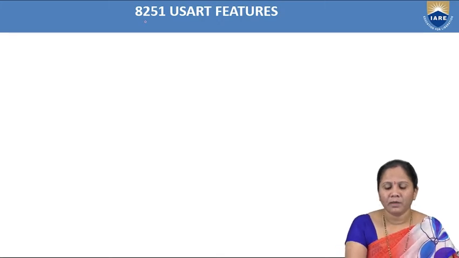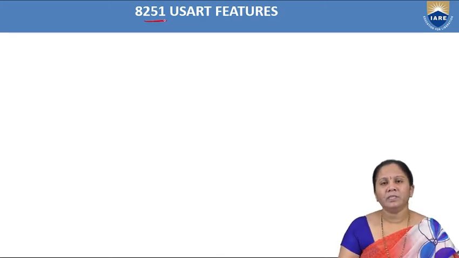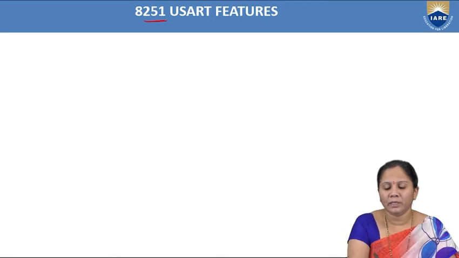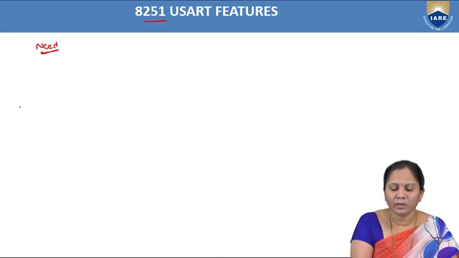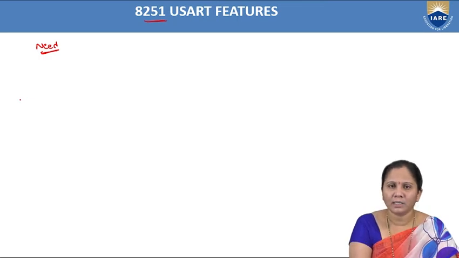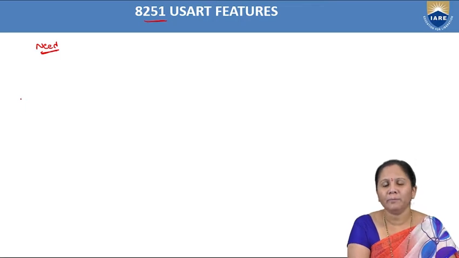Now, here we will first see what is the need of this 8251 IC. The need of the 8251 USART IC is that it converts serial data to parallel data and parallel data to serial data.